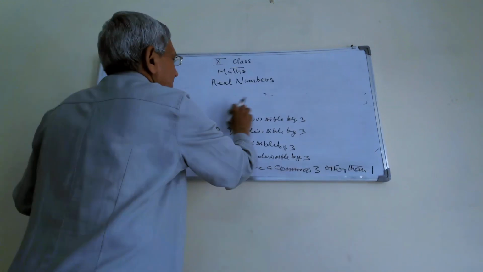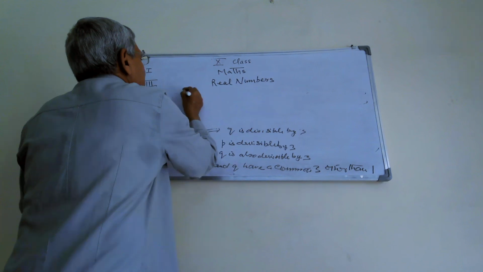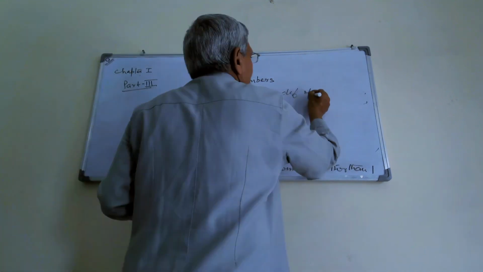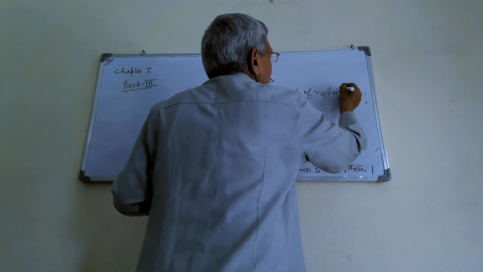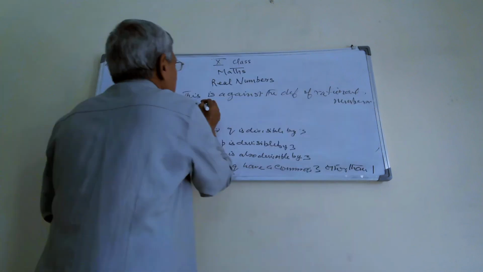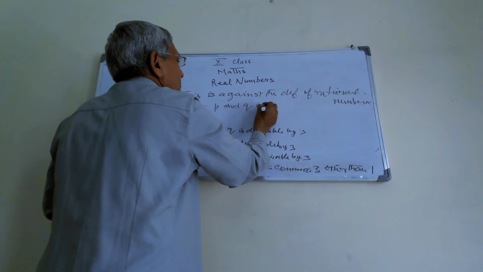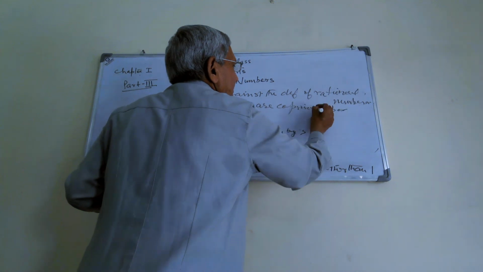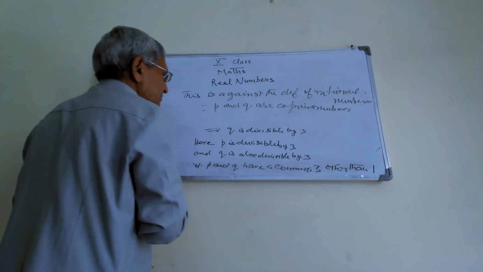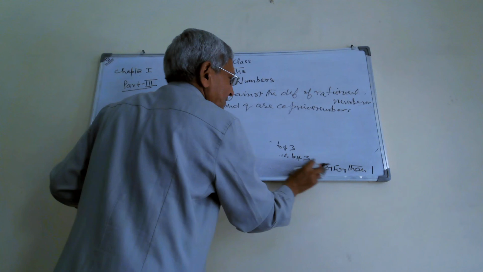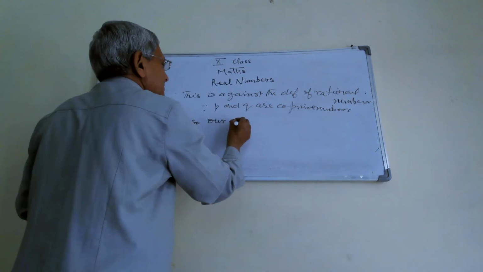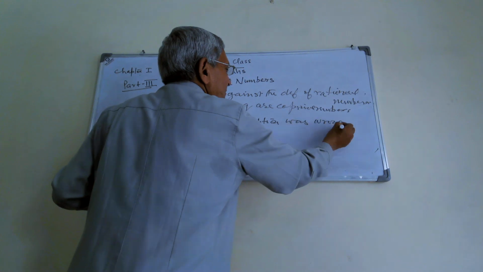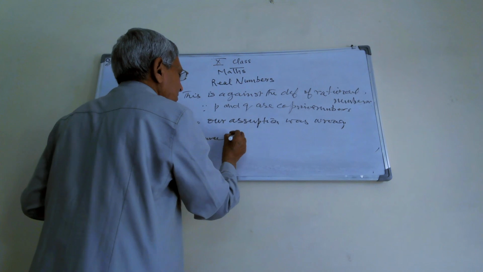This is against the definition of rational numbers, because P and Q are co-prime numbers. So our assumption was wrong. Hence, root 3 is an irrational number.